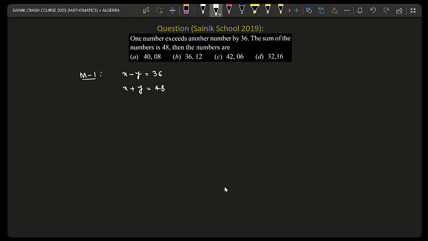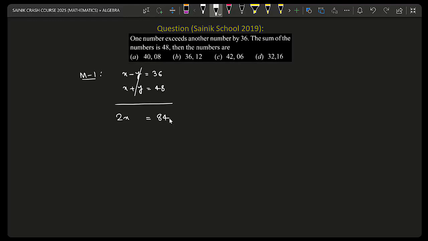This type of equations I told you already how to solve. You can add the equations to cancel one variable, right? Can you add the equations now? Yes, sir. Plus x becomes? Sir, 2x. And minus y plus y are going to cancel, right? Yes, sir. What is 36 plus 48? Sir, 84.